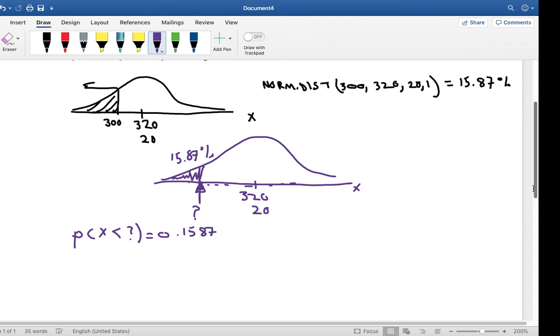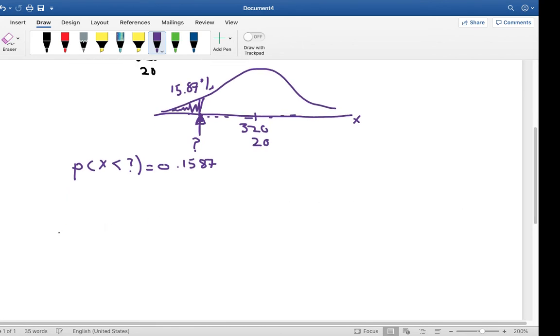So what I'm going to do now is standardize. The standardization process is always the same. You write out your equation, and then I'm going to subtract the mean from both sides. Here I'm going to use letters, and here I'm going to use numbers. So the mean is 320, and then I'm going to divide by the standard deviation, which is 20, and that equals 0.1587.